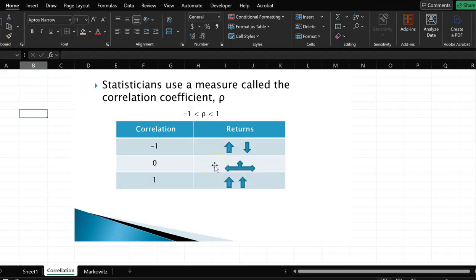Not all the time, but most of the time. And if you have two assets that have a correlation coefficient of, say, 0.1, then they move together more often than not, but really they don't have a whole lot to do with each other. There's very little correlation between them.